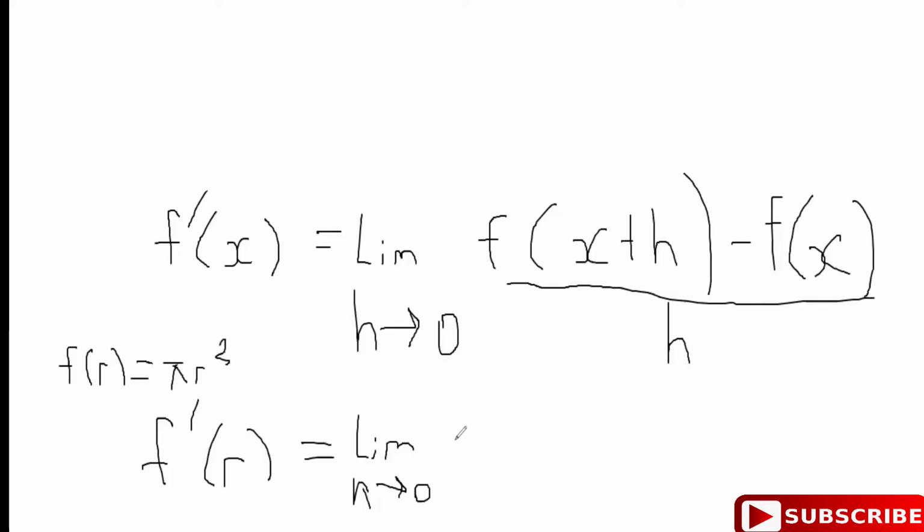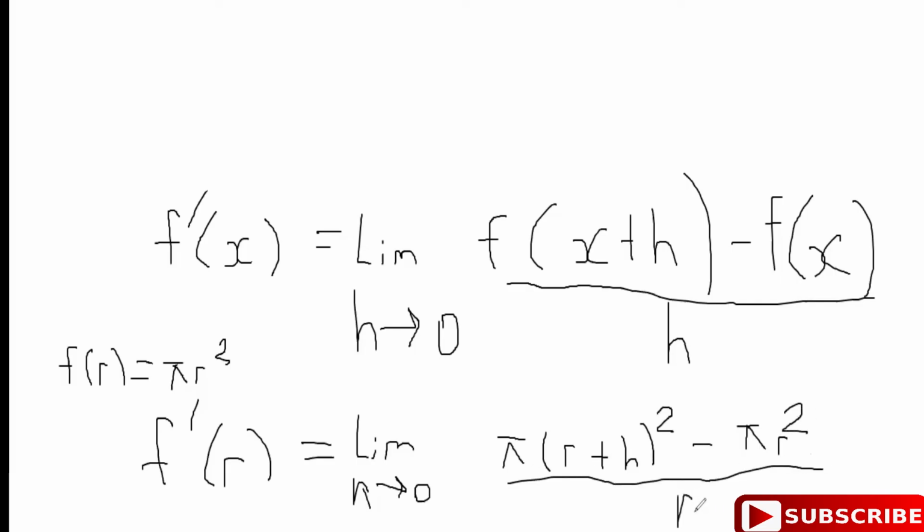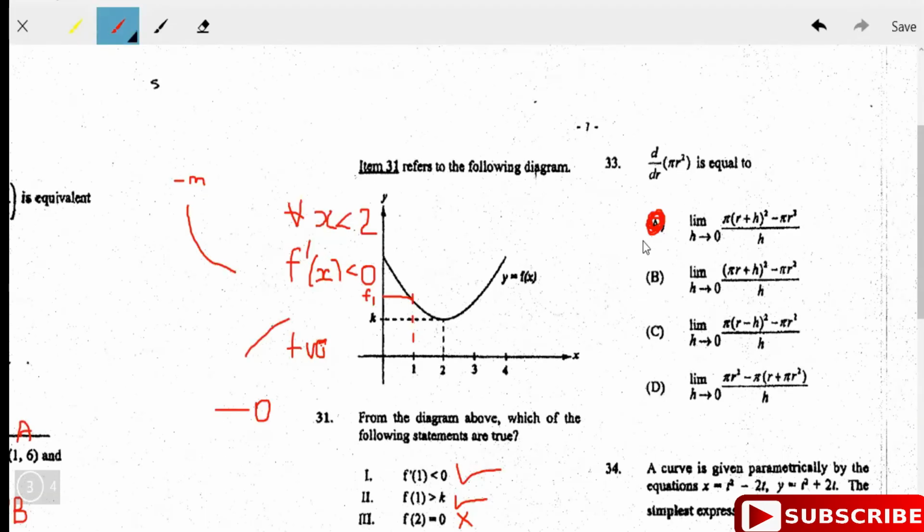And so this is going to work out to be the limit of pi times r plus h squared minus pi times r squared over h, which is alpha. So alpha is indeed the answer. Very good.